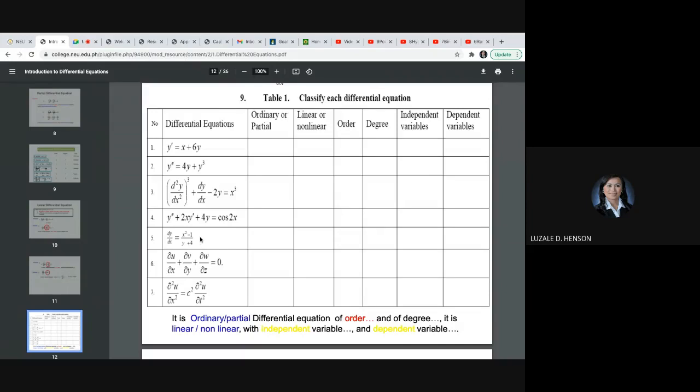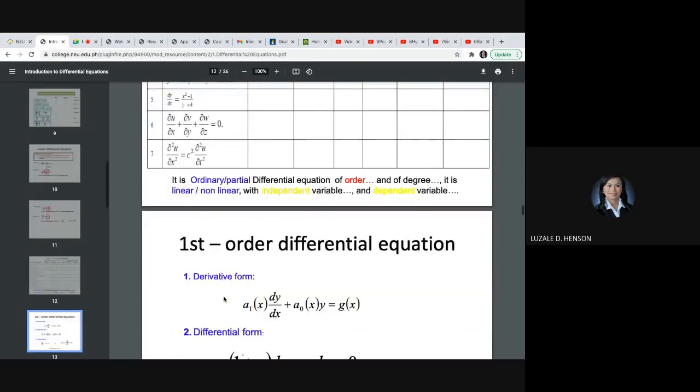Number 5 is linear, right? Number 6 is what? Linear or non-linear? Linear, ma'am. Linear. Number 7 is linear, ma'am. Linear. Very good. Okay.